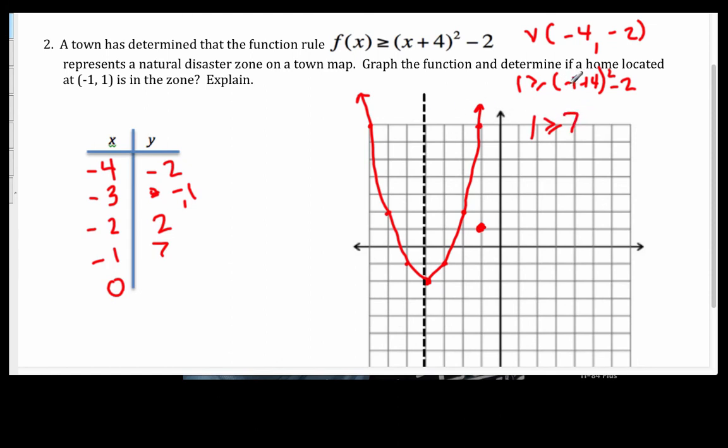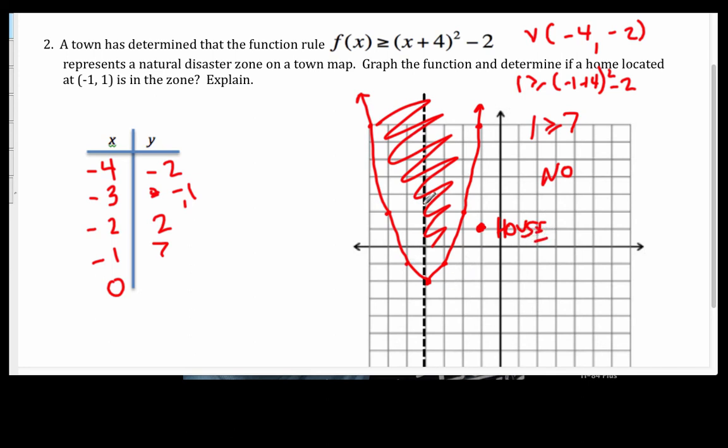But we'll double check it just because. This comes to 3. 3 squared is 9. 9 minus 2 is 7. Is 1 greater than or equal to 7? No. So that means this point is not in the shaded area. This is the shaded area. Okay, and here's the house.